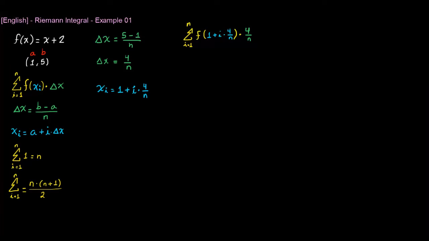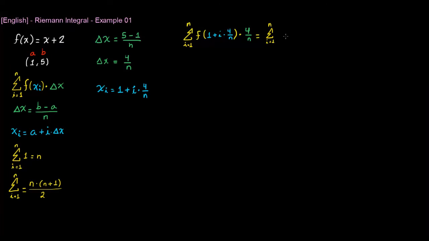Now let's keep working this through. This will be equal to the summation, starting from i equal to 1 to n of f of x. Now f of x is equal to x plus 2.